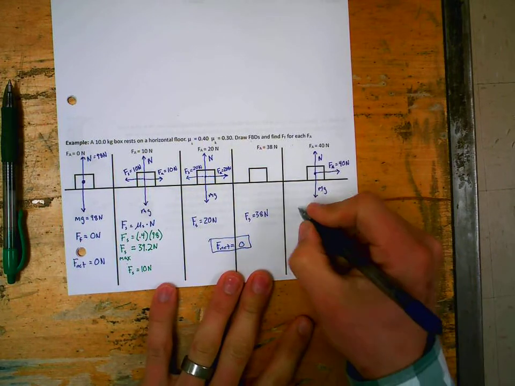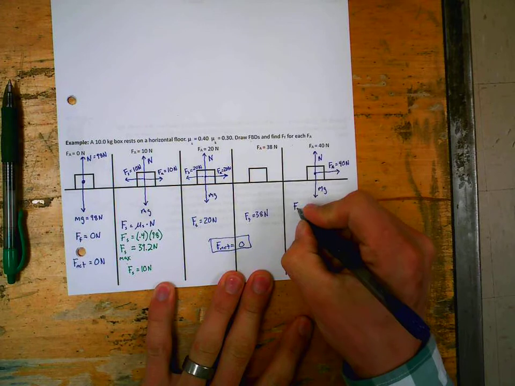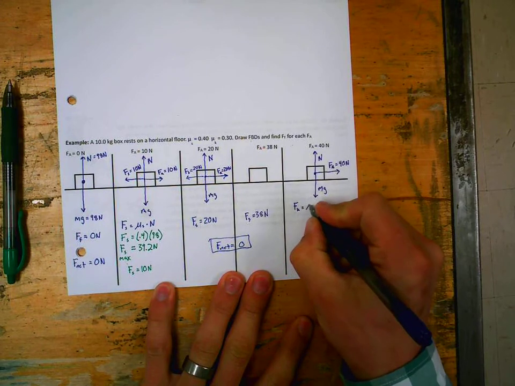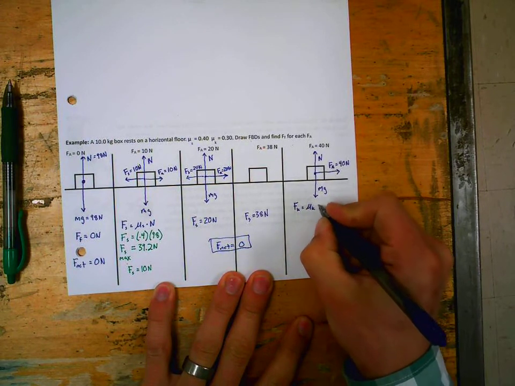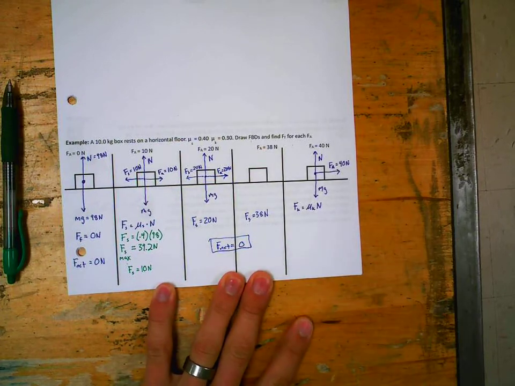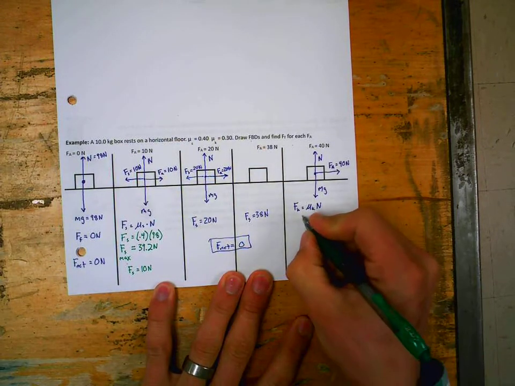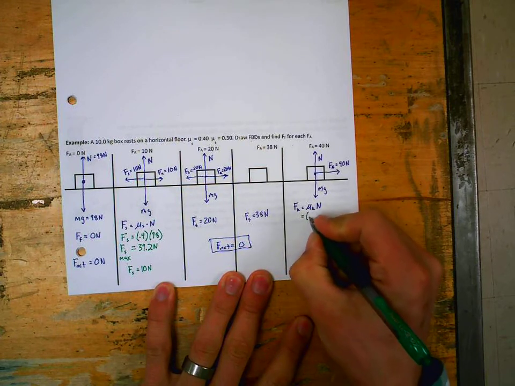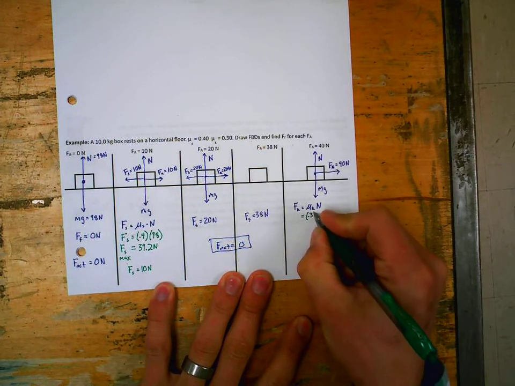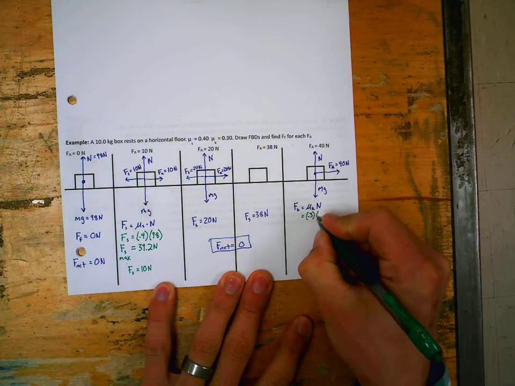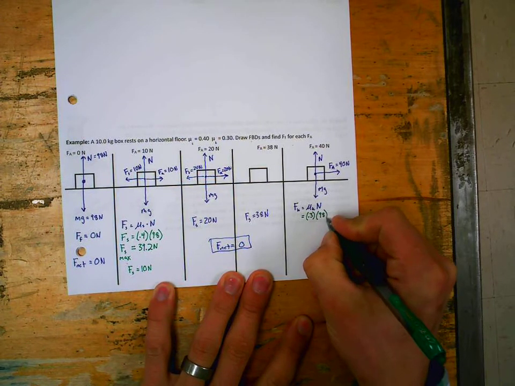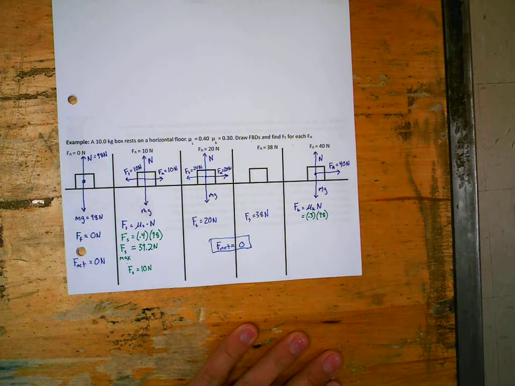Okay, so let's use the fun equation. Alright, plug in some numbers. This time using 0.3. And a normal of 98.